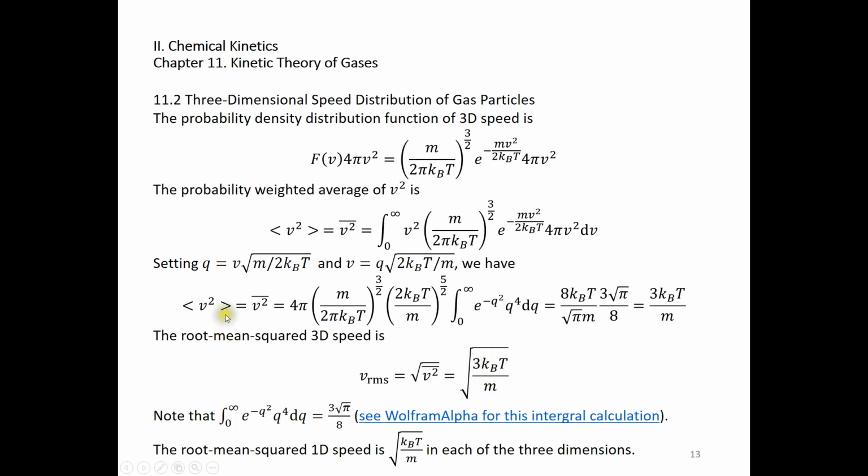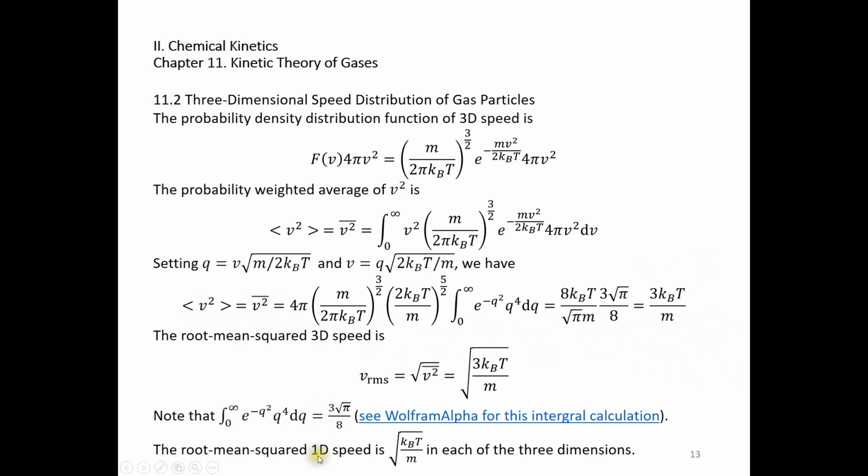And just because v squared is the sum of vx squared, vy squared, and vz squared, and also the distribution in the x, y, and z directions should be the same, when you see this, you should just give 1 kBT over m to vx squared, 1 kBT over m to vy squared, and 1 kBT over m to vz squared, and then you have 3 of them.